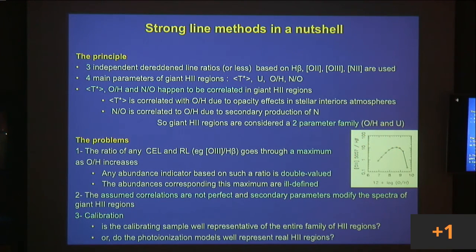The other thing is that the assumed correlations are not perfect, and secondary parameters modify the spectra of the giant H2 regions. And finally, the calibration. You have to ask whether the calibrating sample is well representative of the sample of objects that you want to analyze, or if you calibrate on model H2 regions, do your model H2 regions represent correctly reality?